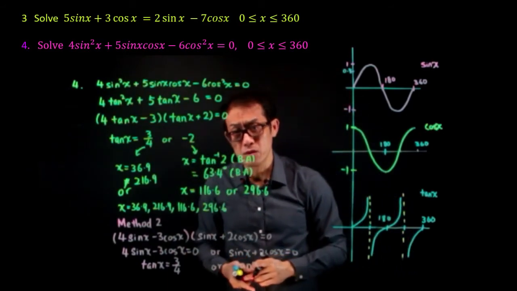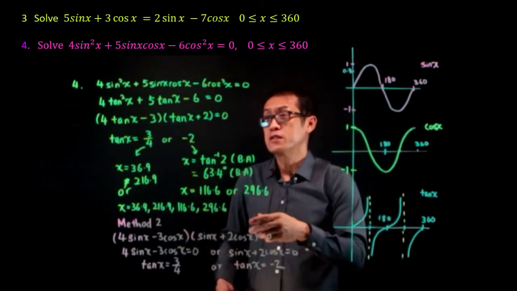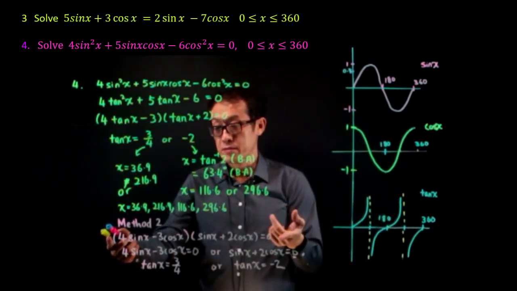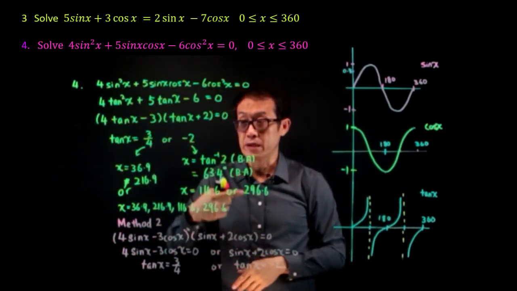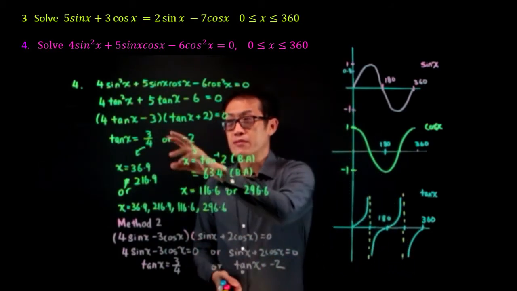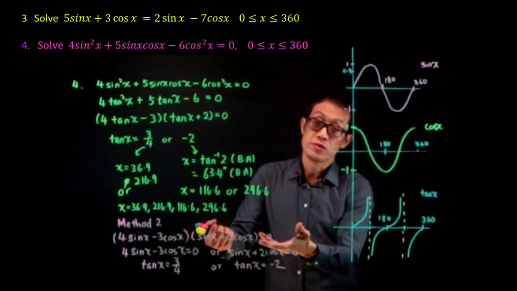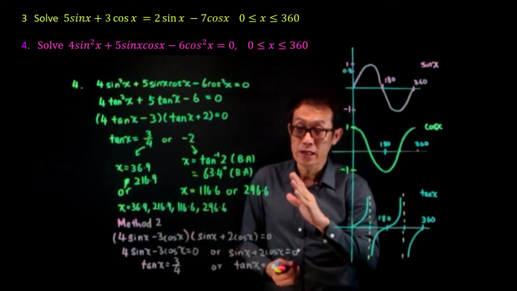Honestly, which method do I prefer? Now, if this question can be factorized, of course, this is a bit faster. You don't need to divide by cos squared. Only slightly faster. But if the expression can't be factorized, it's a bit hard to see. I'm not saying that you need to, all right.